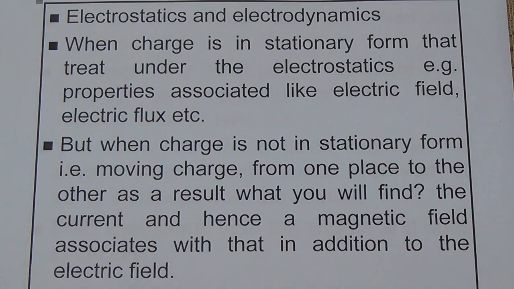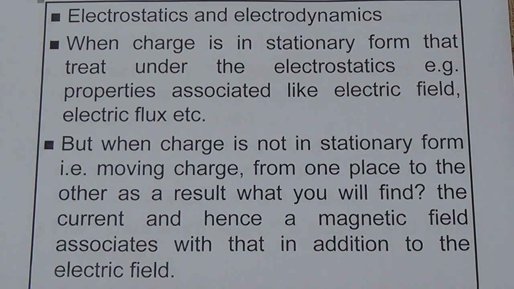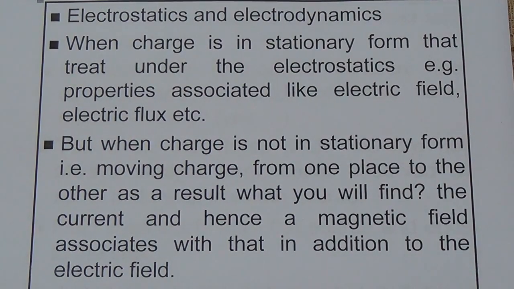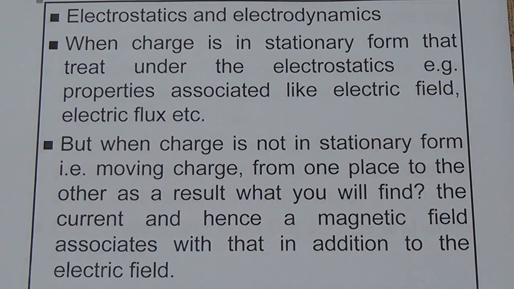I have to study basically the basic fundamentals of this chapter, that comes basically through the four laws, that is Gauss law in electrostatics, Gauss law in magnetism, Faraday law and Ampere's law.